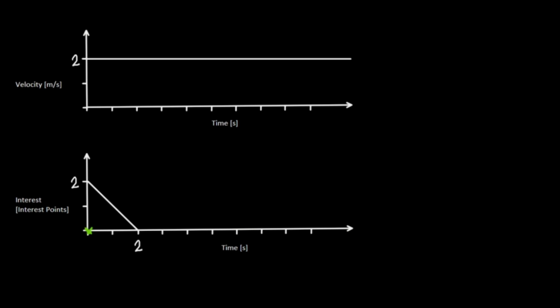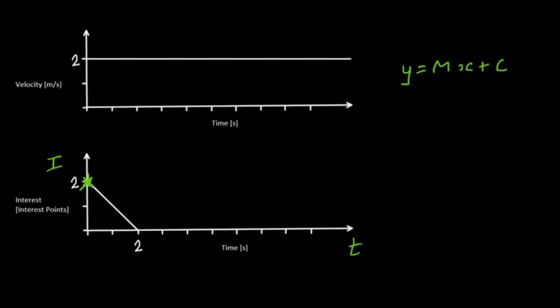As soon as they spot you, they begin to lose interest at a constant rate. So let's write a function to describe how they lose interest as time changes. To write this function, we're going to need to use the equation of a straight line, which takes the form of y equals mx plus c, where m is the gradient and c is the y-axis intercept.